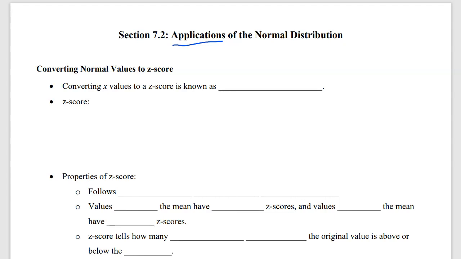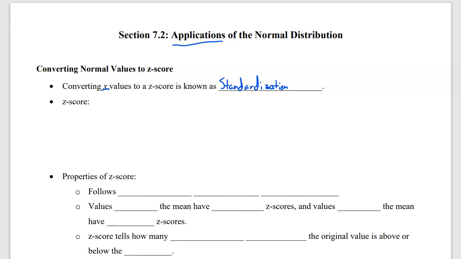And so what we're going to be needing to look at is converting our x values, whatever we're given in real life, to z-scores. And this is known as standardization. What we're trying to do is make it to where everything's on the same scale.